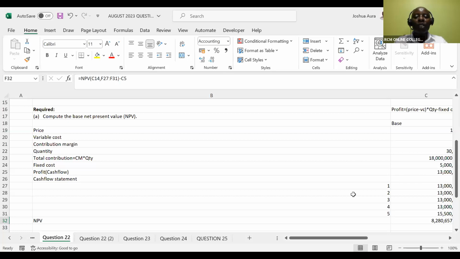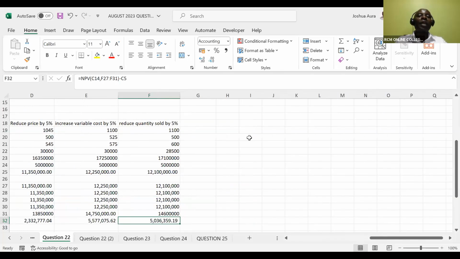So come and increase the fixed cost for us. And please, if possible, give me an answer. Let's see whether somebody has been able to do this sensitivity of fixed cost.